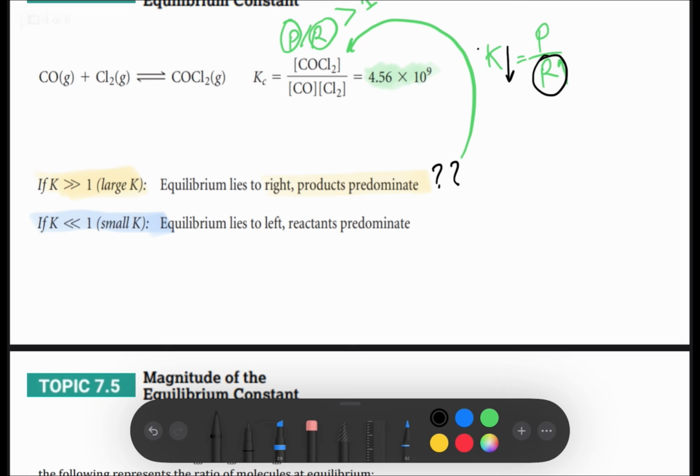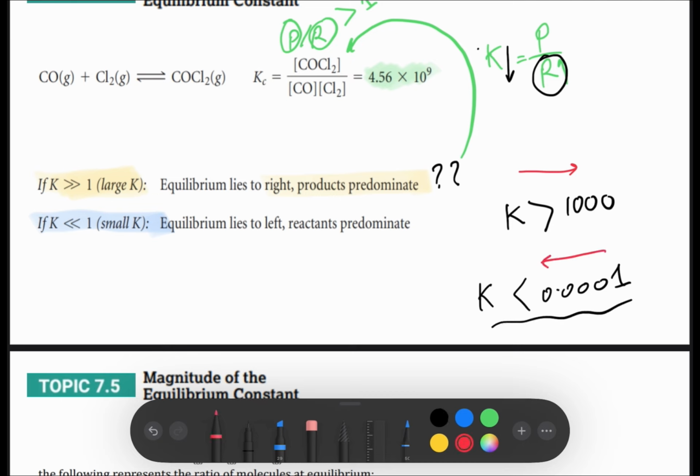If K is greater than 1000, which is a huge value, then the reaction goes to completion, and it's almost in one direction. But if the value of K is less than 0.0001, then the forward reaction essentially doesn't take place, or it almost remains on the reactant side. So we have so many things that we can conclude about the values of K.